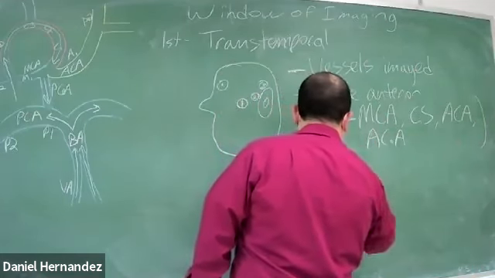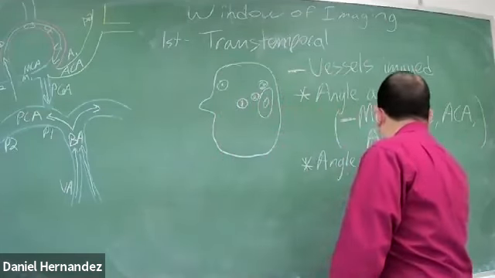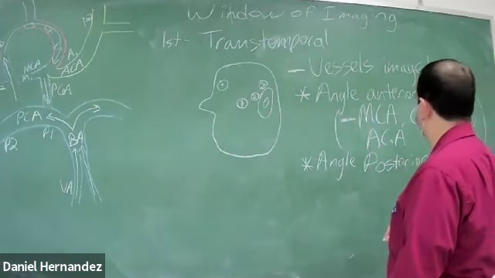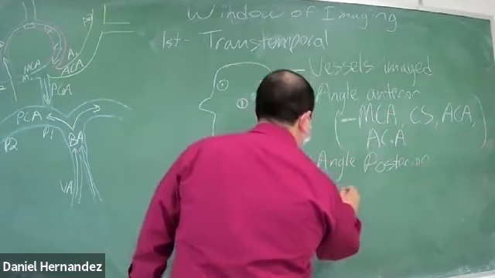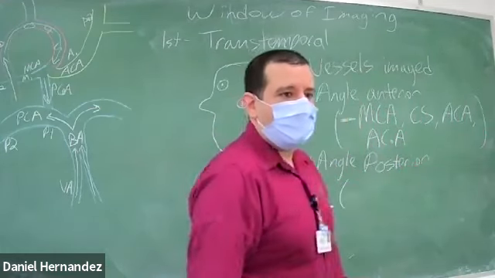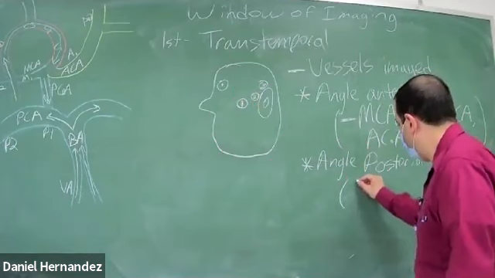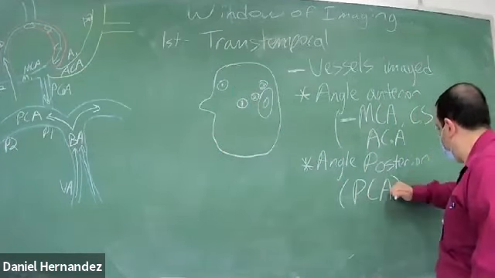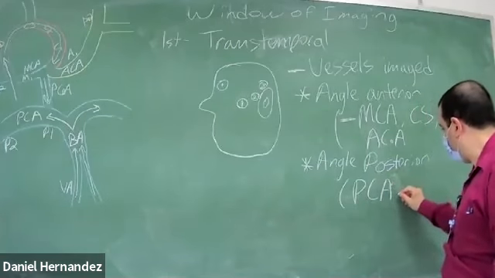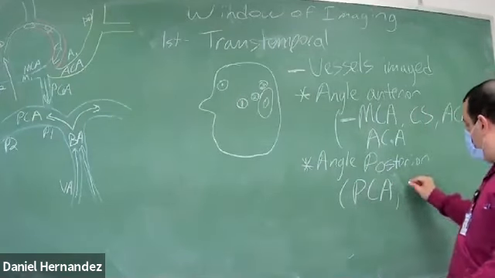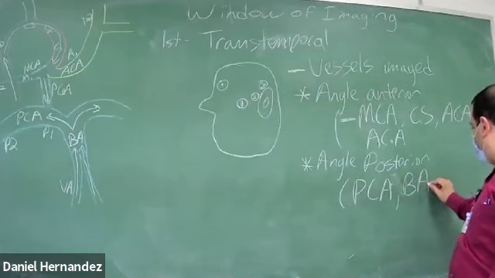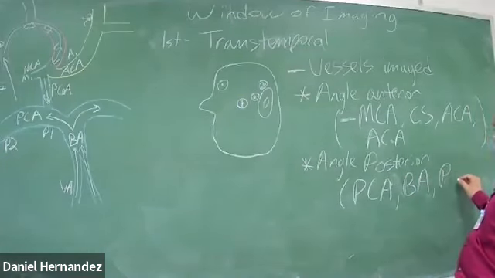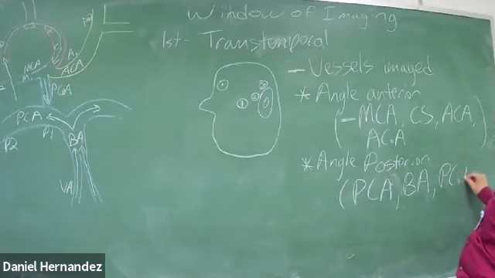Angle posterior, you can see the posterior cerebral artery, basilar artery, and posterior communicating artery.